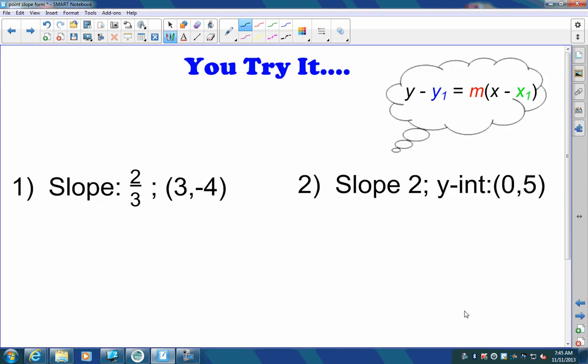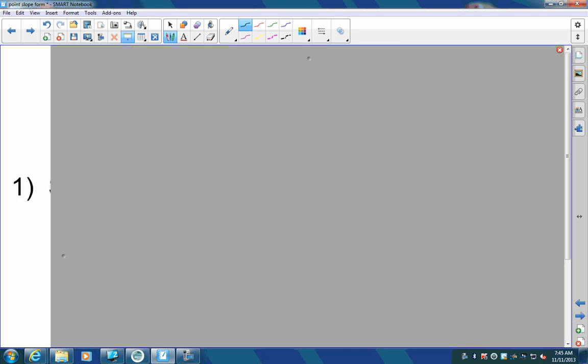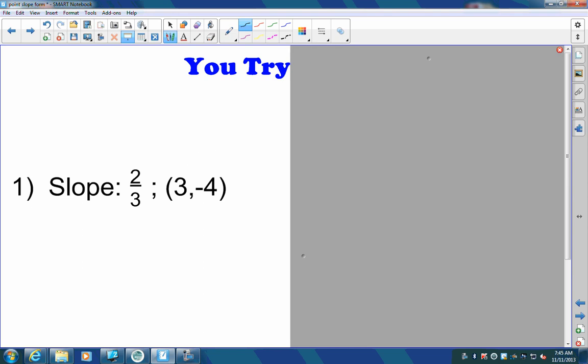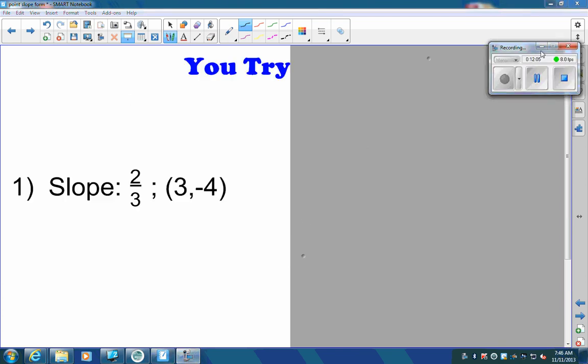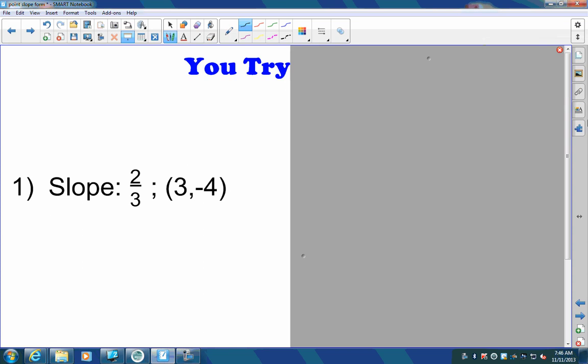All right. Here we go. Now, let's try. Go ahead and try number 1. Do this one now, please. I want you to write it in point slope form, then in slope intercept. Remember that the equation for point slope form is y minus y1 equals m times x minus x1.